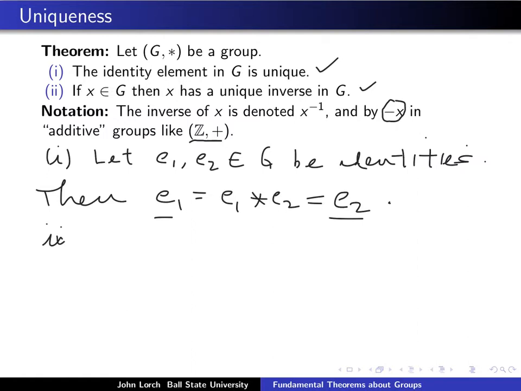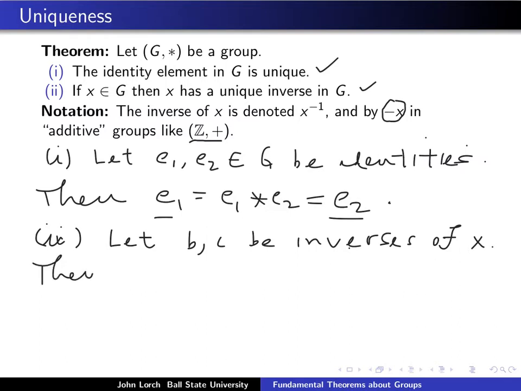Okay, for item 2, we're going to let B and C be inverses of x. So then, if we start with B, what can we do with it?